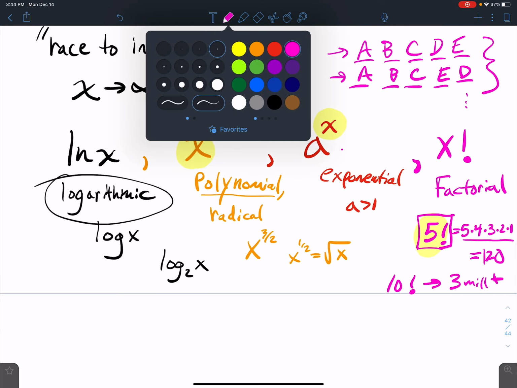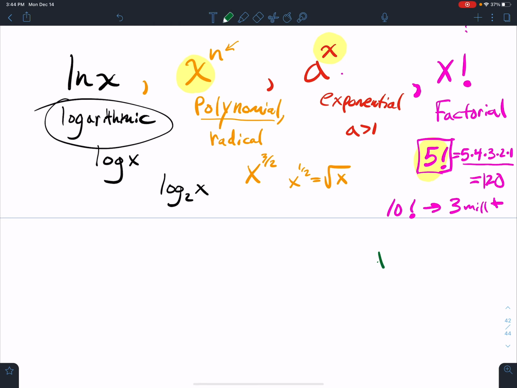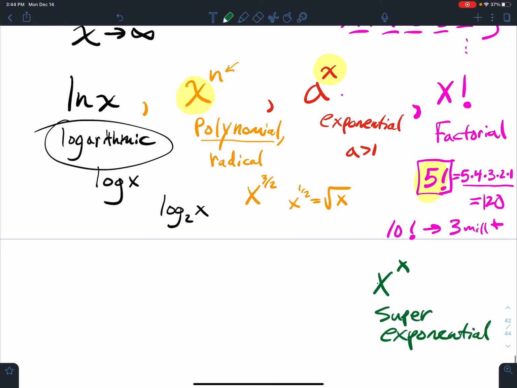Now the fastest one we're going to run into in this course is x to the x. This, my friends, is called the super exponential. Not only is the base variable, but also the exponent is variable. And so it's growing super exponential.